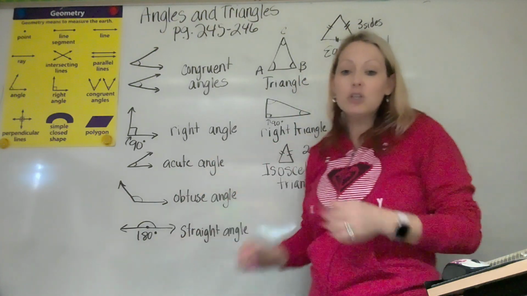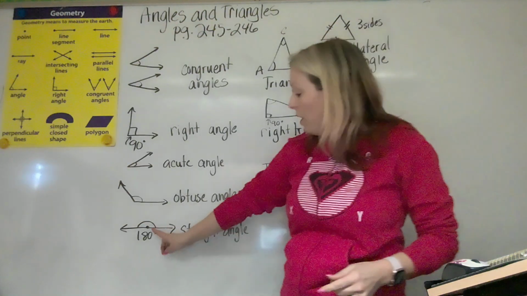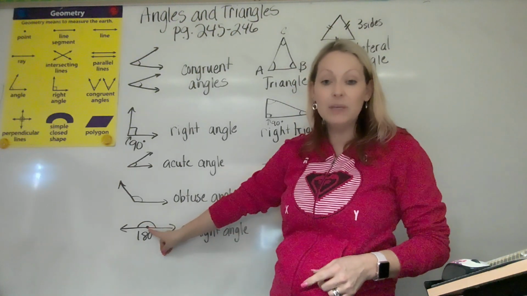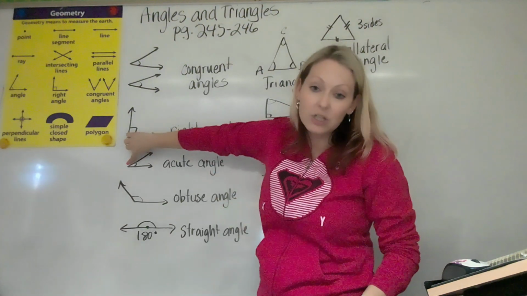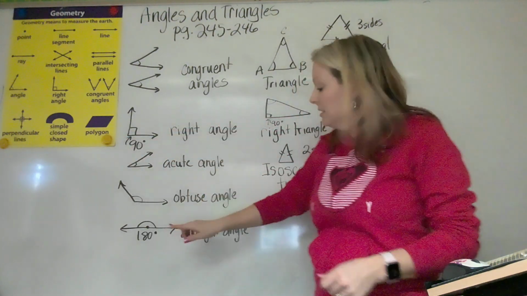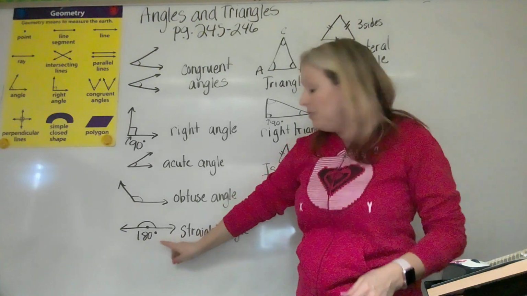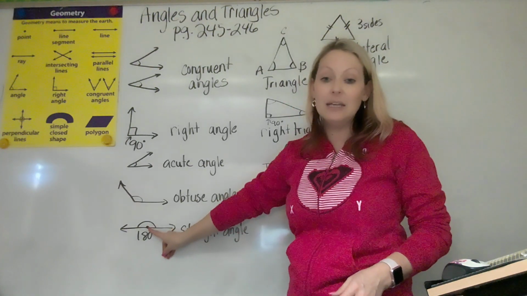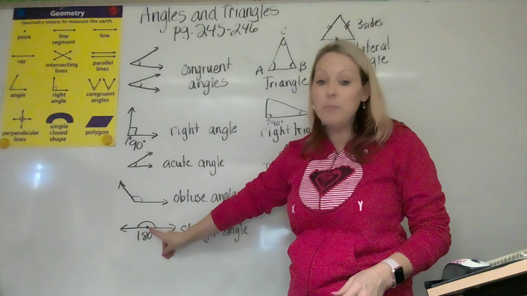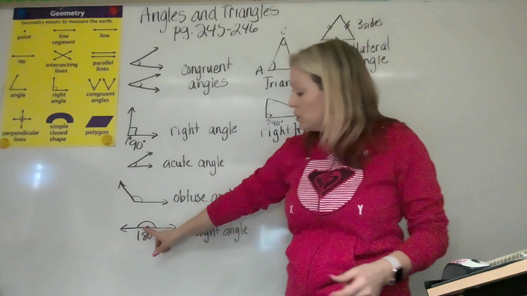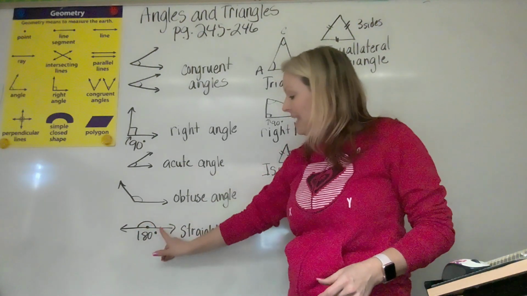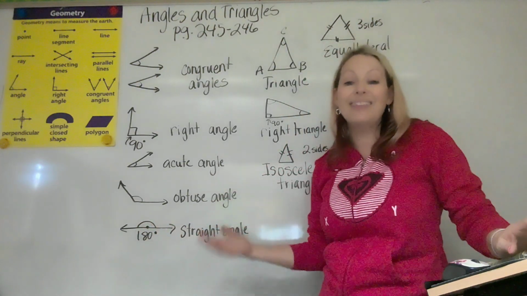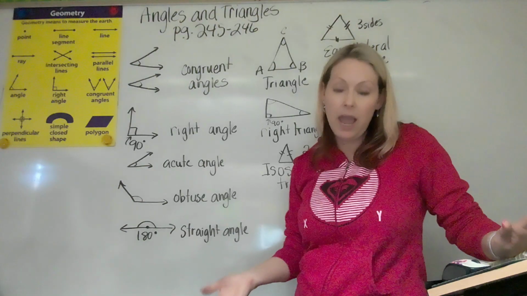Then if you have a straight line with your point, the vertex, in the middle, you're not actually seeing the point, but on a straight line they've got to show you that this is a point right here in the middle. If you have a straight line with that point and then the angle, you know that's a 180-degree angle.